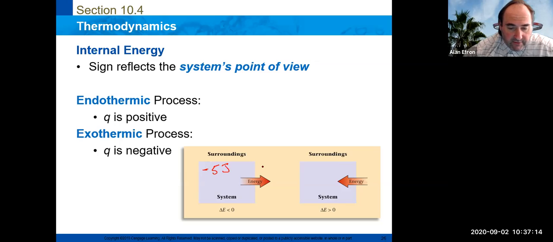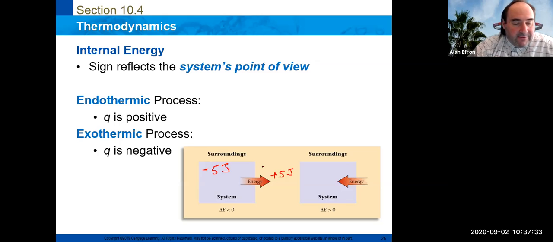The surroundings would gain 5 joules of energy. Here, the actual value or number will be the same. The only difference is the sign, to reflect whether the energy is being given off or absorbed.